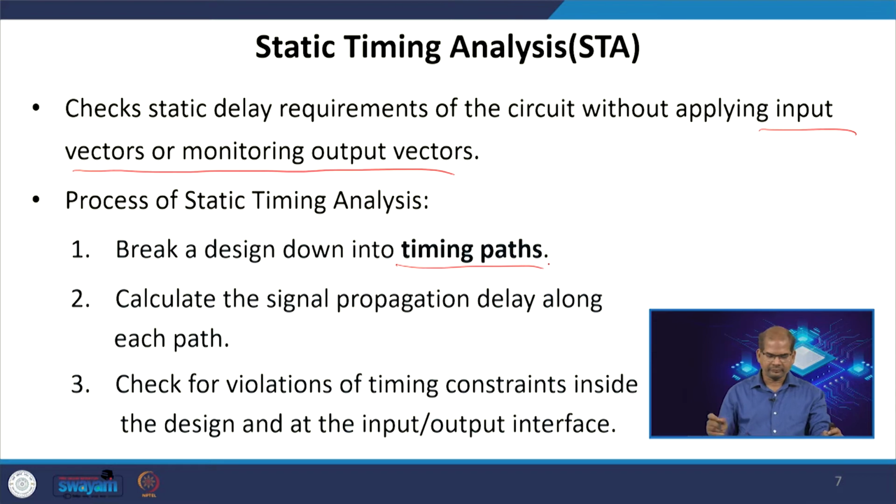So, what is the process of static timing analysis? We break the design into timing paths and calculate the signal propagation delay along each path. So, we have multiple paths, we break them down into smaller paths and find the timing propagation of each path.